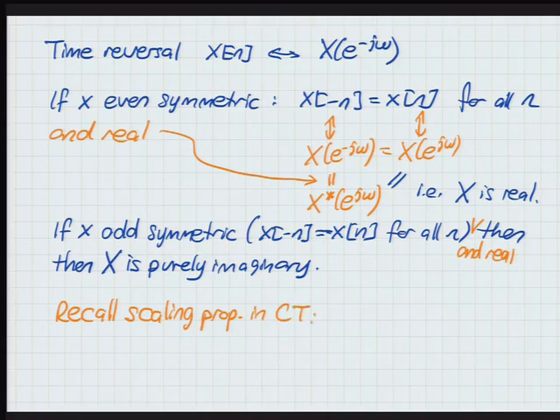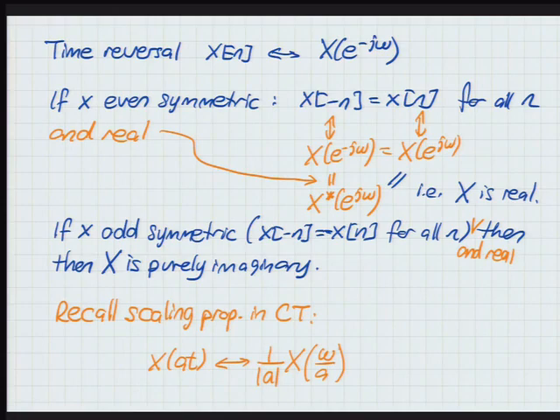If I take my x and scale it by a, so the signal becomes x of at, if I'm compressing my signal in time, it's stretching it in frequency. If I'm stretching my signal in time, it's compressing in frequency. But there is a factor that I need to add, 1 over the absolute value of a, in case I took a negative value of a. We discussed this last time.